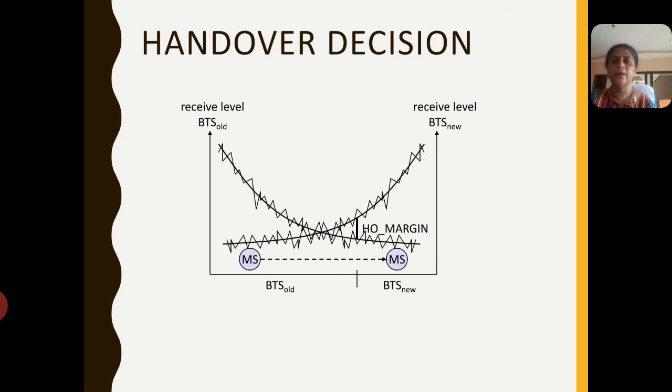When the error level becomes too high with the old BTS and the signal level becomes too low in the old BTS, and the error level becomes low and the signal level becomes high in the new BTS, at a particular point the margin of the handover is fixed, and when the error rate and the signal level reach that particular margin, a handover decision is actually taken. So, this is when a handover actually takes place.